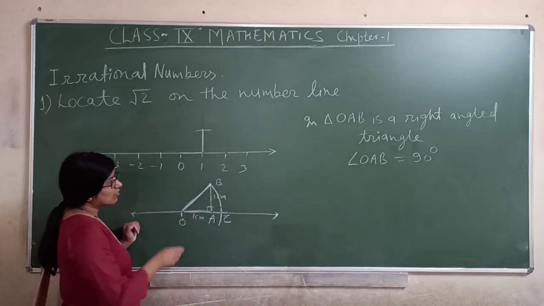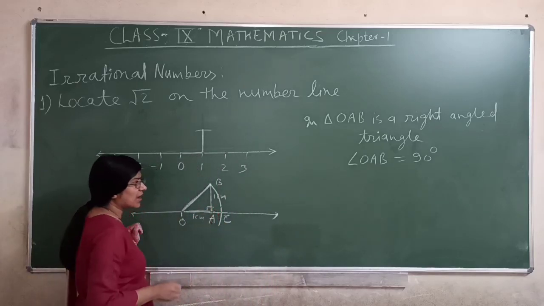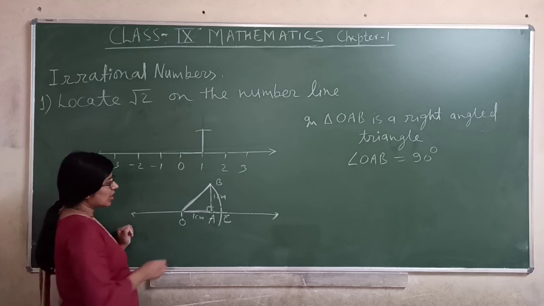If in any triangle one angle is 90 degrees, we can apply the Pythagoras theorem.